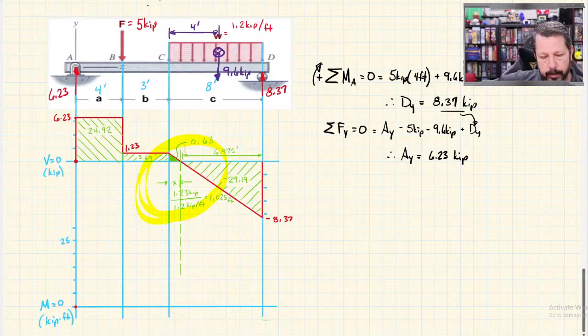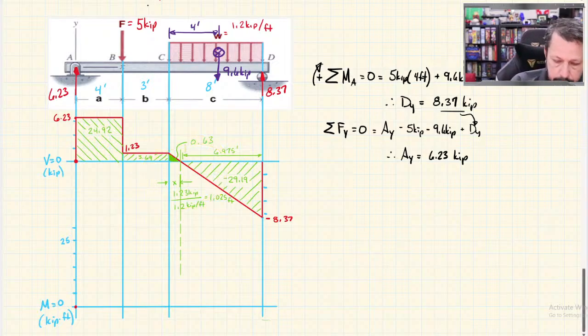So assuming that we're okay with getting the diagonal red line, that's coming from the fact that we have a distributed load. Distributed loads don't always, but they can force the shear diagram to go from a positive number to a negative number. So it crosses 0 right there.